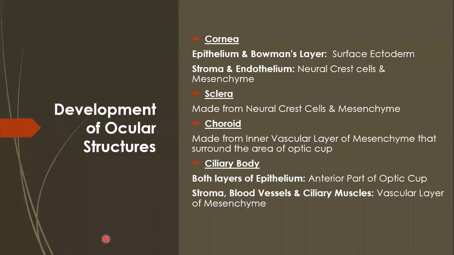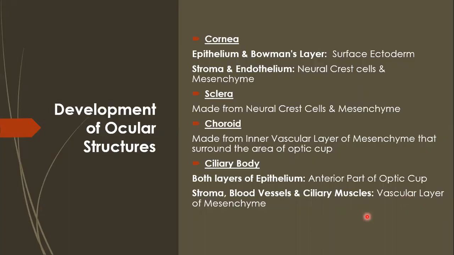Ciliary body: we know that the ciliary body has epithelium, so whether it's pars plicata or pars plana, the epithelium of both structures is made from the anterior part of the optic cup. The optic cup's front portion will make the ciliary body epithelium, and the stroma, blood vessels and ciliary muscles, which help in accommodation, will be made from the vascular layer of the mesenchyme.